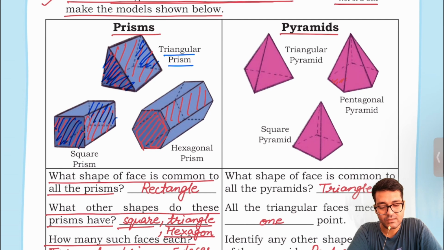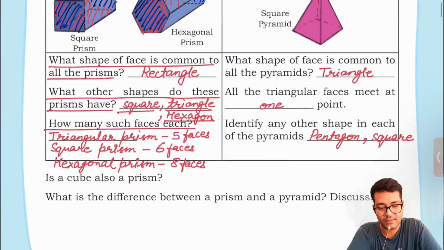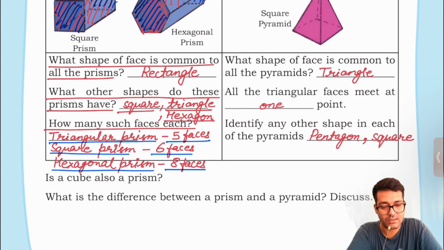That means 6 faces. Similarly, in a hexagonal prism, you can see two hexagonal faces, one in front, one in back, and 6 rectangular faces sharing its border with the hexagonal faces. That means 2 plus 6, 8 faces. Triangular prism has 5 faces, square prism has 6 faces, hexagonal prism has 8 faces.